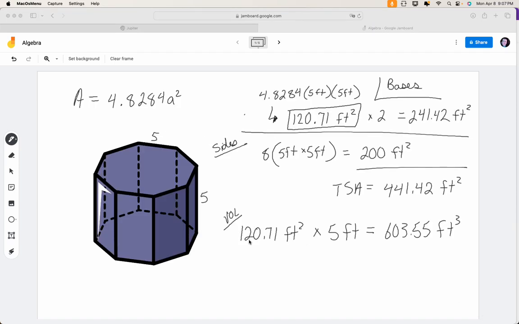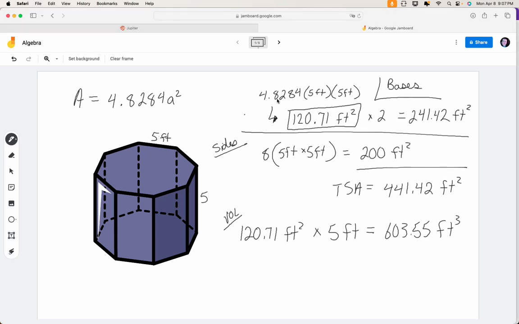All right, here is the purple octagon prism. So the formula for area of an octagon is 4.8284 times a squared, where a is the length of a side. So the length of the side here is 5 foot.